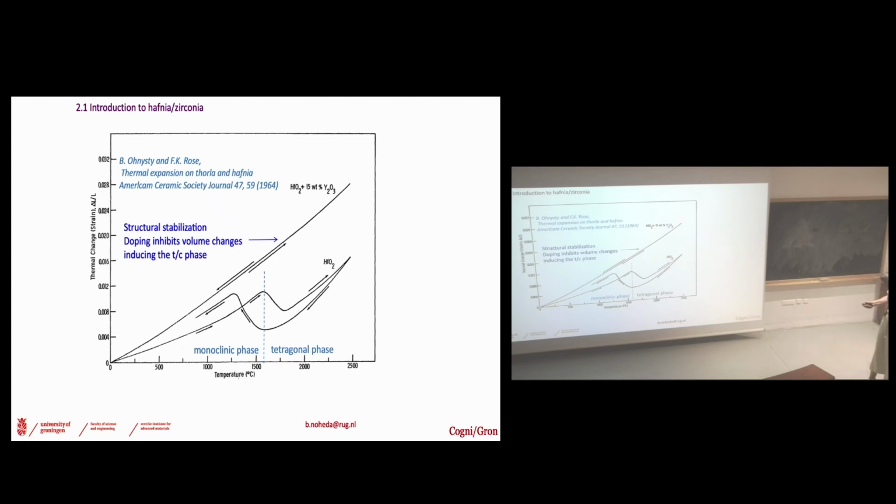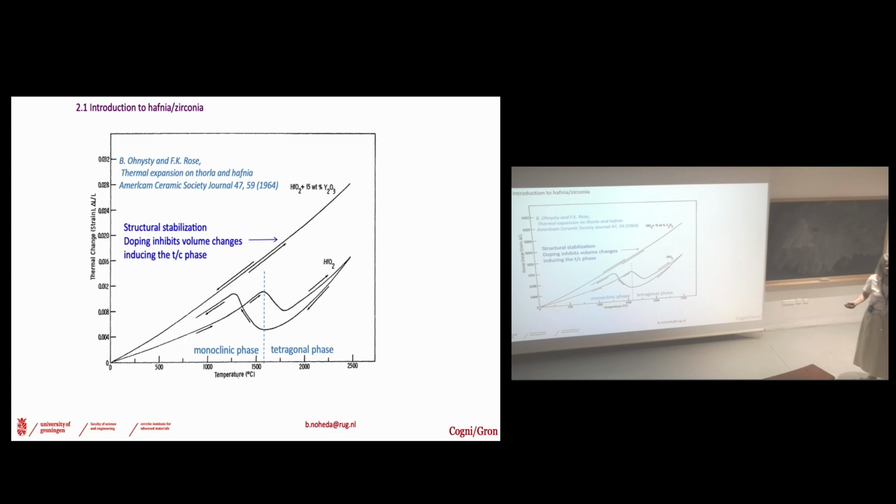So in order to achieve this stability, people actually dope it. If you dope hafnia with yttrium, for example, then you actually get rid of this change. You actually induce directly the fluorite phase, and you don't have this change of coordination.